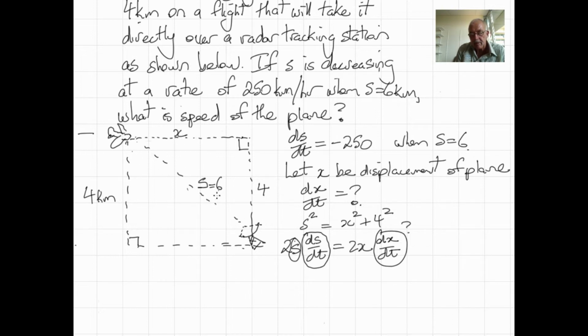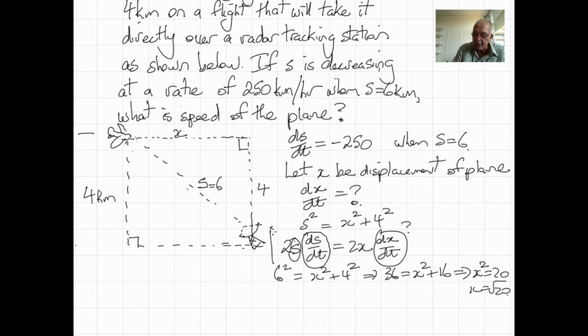Right angle triangle. So we've got 6 squared equals x squared plus 4 squared. 36 equals x squared plus 16. Take the 16 over there and we get x squared equals 20, so x is equal to root 20. That'll give us x, so I can then substitute in there. So we go back and do our substitution here, so we can find dx/dt.